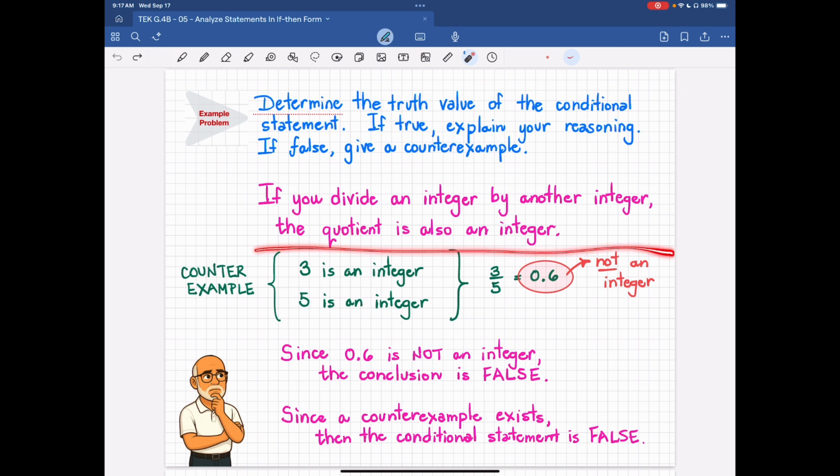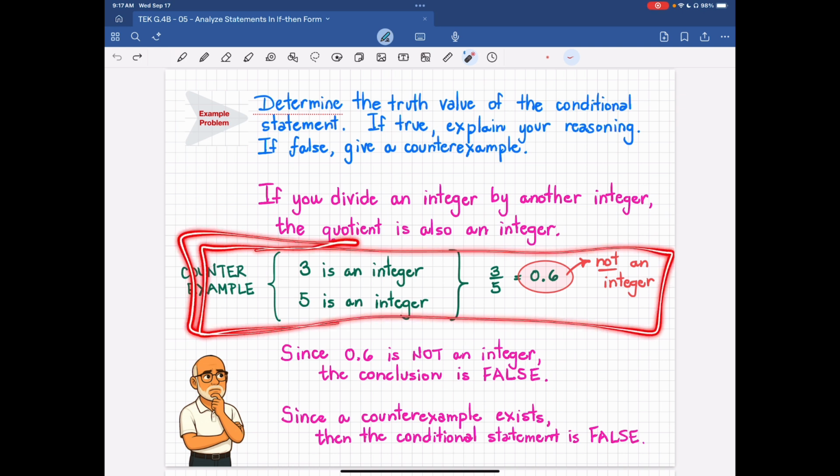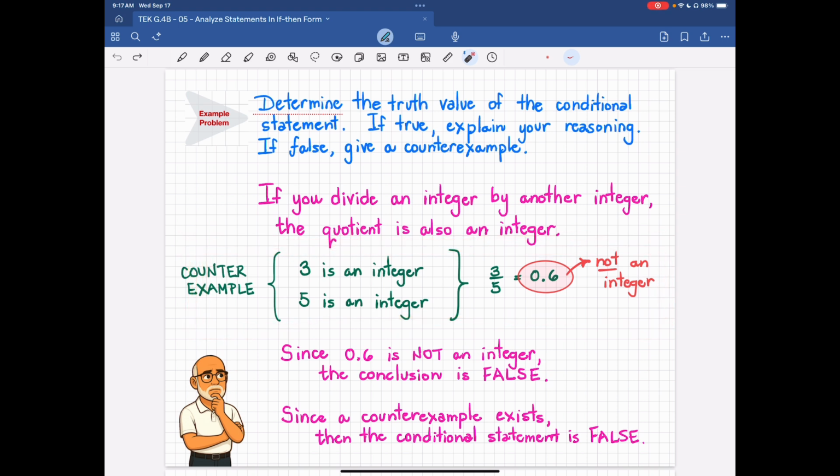So this right here is my counterexample. 3 divided by 5. They're two integers, but they produce a decimal number. Since 0.6 is not an integer, the conclusion has to be false, okay? Since a counterexample exists, then the conditional statement is false.